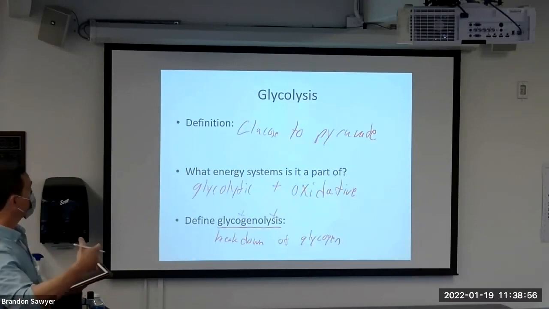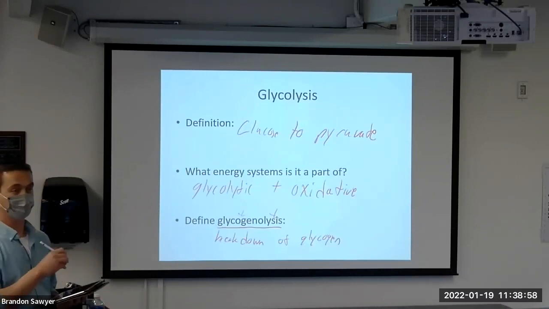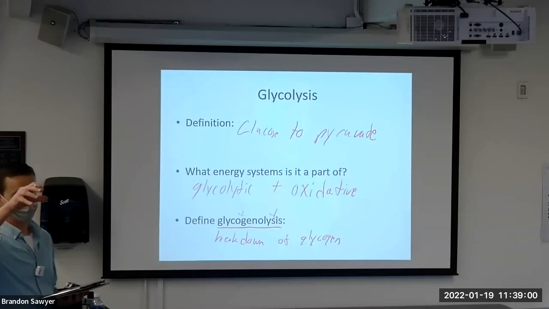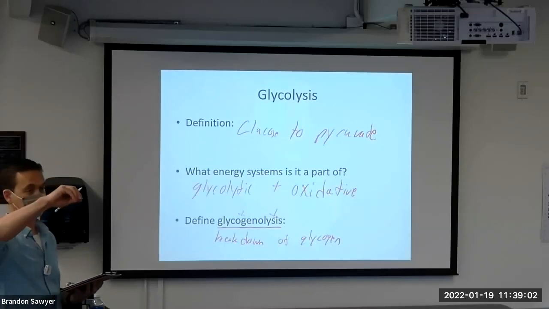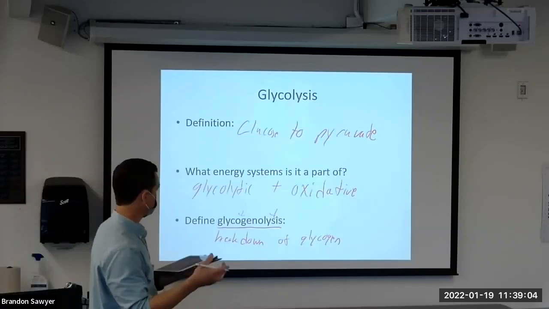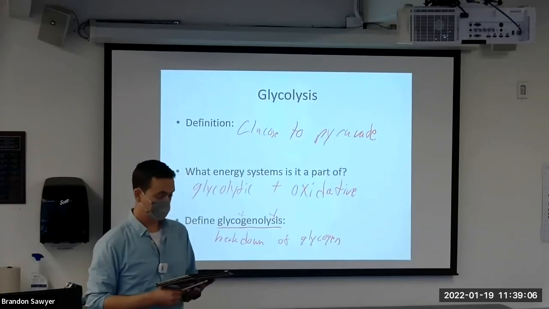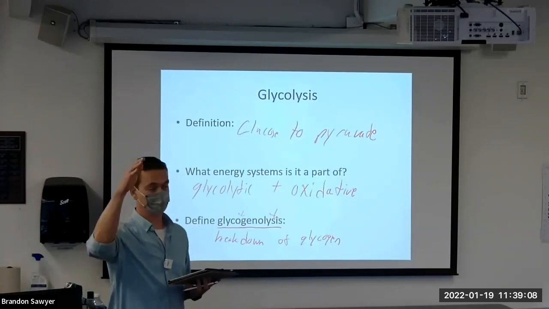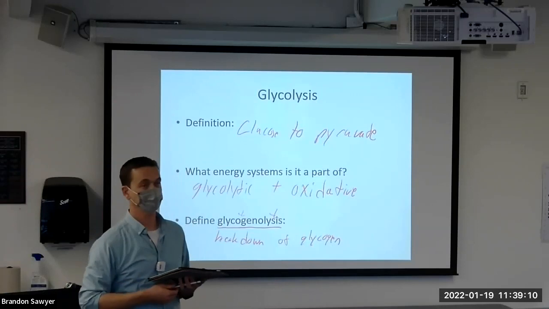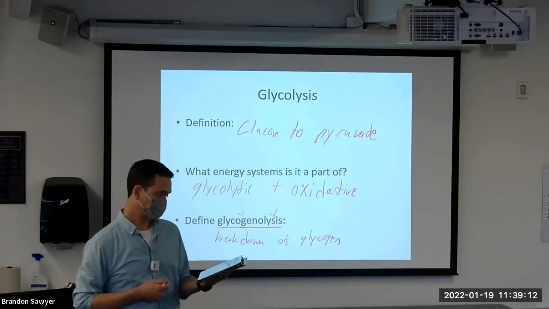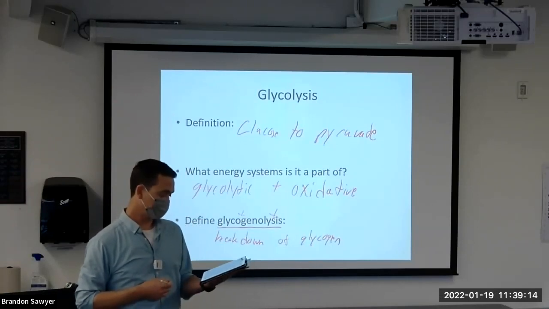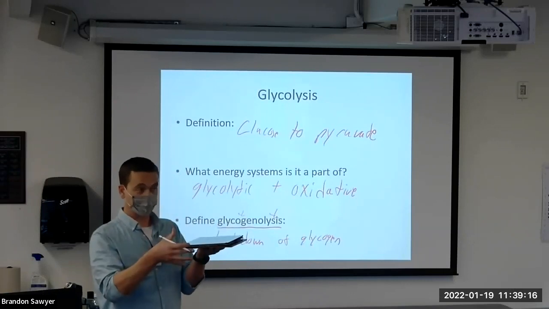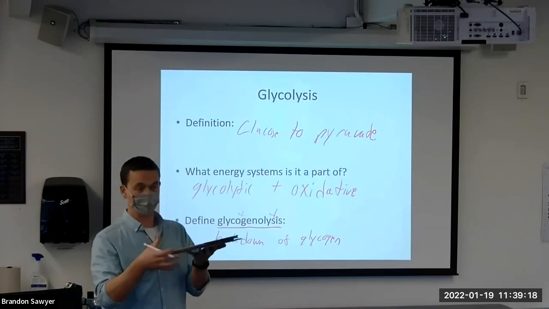And it's going to share most of the same steps as glucose to pyruvate, but it just has a little bit different step early on to get that process started. But glycogenolysis and glycolysis share almost all the same steps, except just the first couple on the top. Okay, so again, this is kind of a shared pathway between both the glycolytic system and the oxidative system.